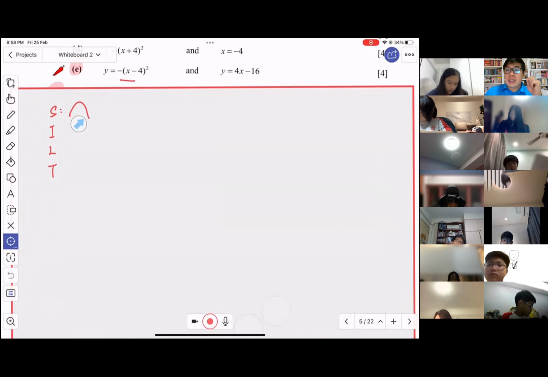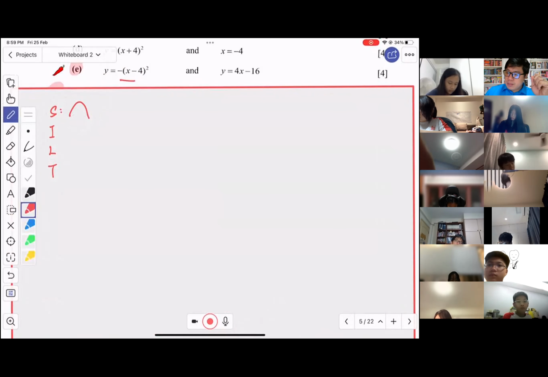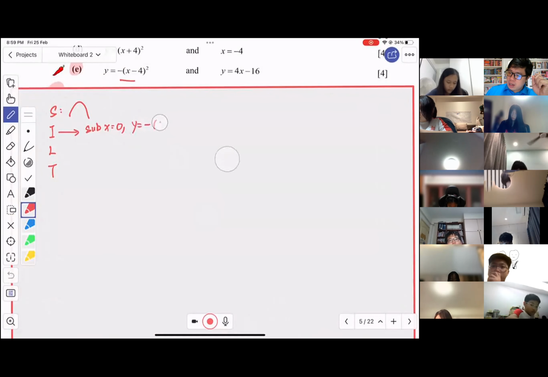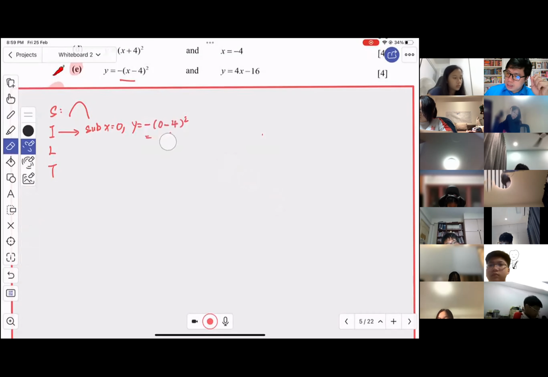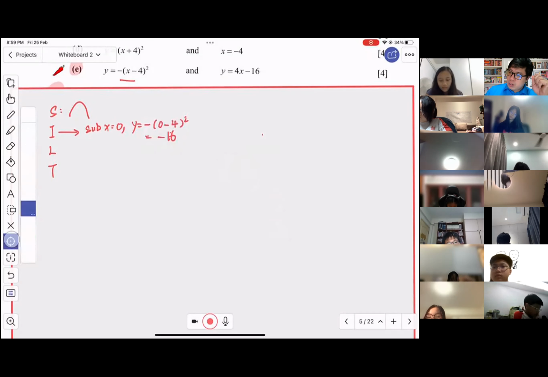To find the intercepts, I can sub x to be 0. If I sub x equals 0, my y will be negative (0 minus 4) squared, which is negative 16.